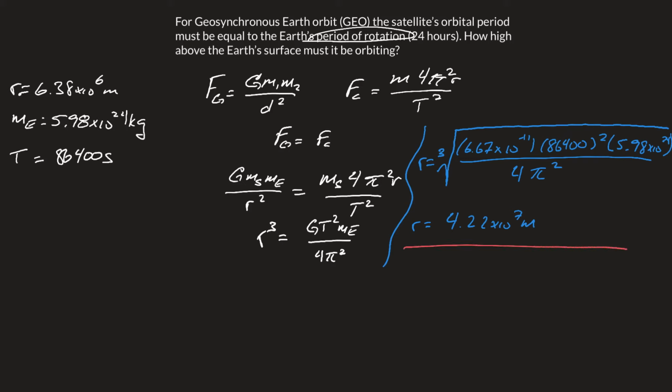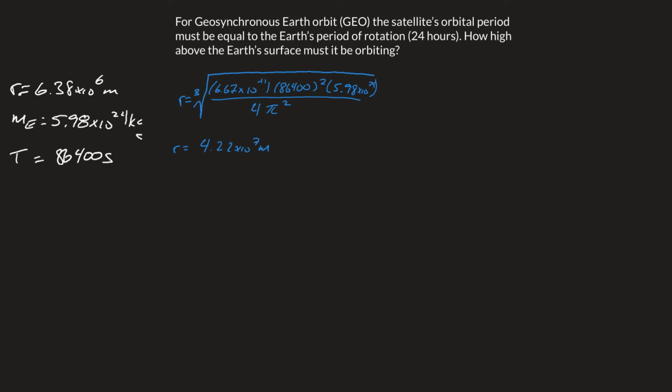What I need to do is take that number, and the distance from Earth's surface is going to be the distance from the center of the Earth minus the radius of the Earth, and that's going to leave us with 3.59 times 10 to the 7 meters. And that's the distance above the Earth that the satellite has to be rotating.